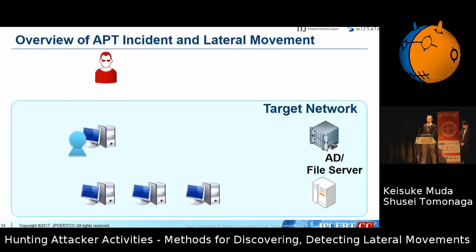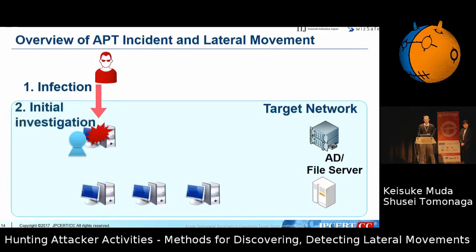This slide introduces the flow of an APT incident. An attacker who infected the host with malware collected information on the host. Next, they collect information of other hosts and the server within the network, and they spread the infection to other hosts.